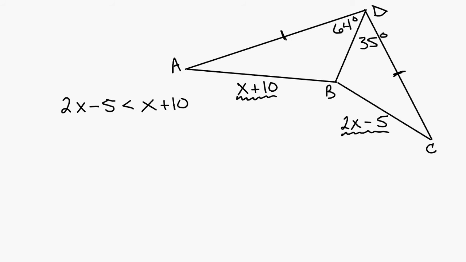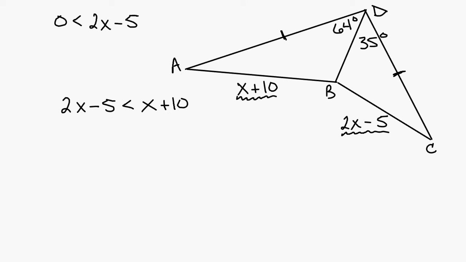But it's got to be greater than something, doesn't it? It's got to be greater than 0 because you can't have a side length of a triangle equal to a negative. But since you've already got a variable on both sides of this inequality, you can't make it a compound inequality. But what you can say is that 2x minus 5 has got to be greater than 0.